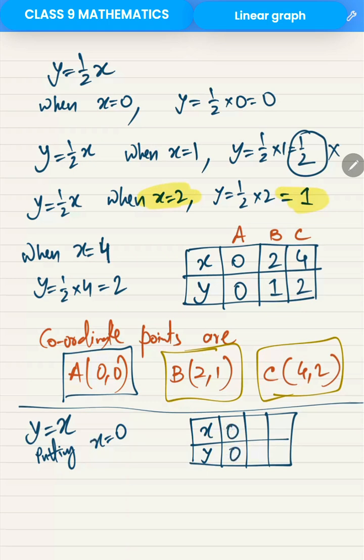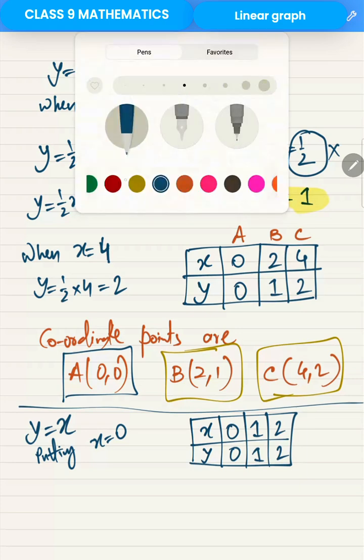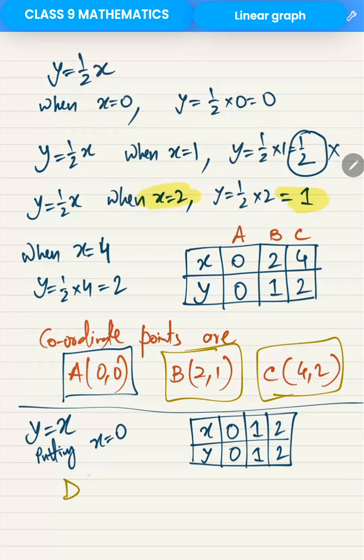When we put x is equal to 1 in the equation y is equal to x, it gives y is equal to 1. And putting x is equal to 2, it gives y is equal to 2. The coordinate points are capital D (0, 0), capital E (1, 1), and capital F (2, 2).